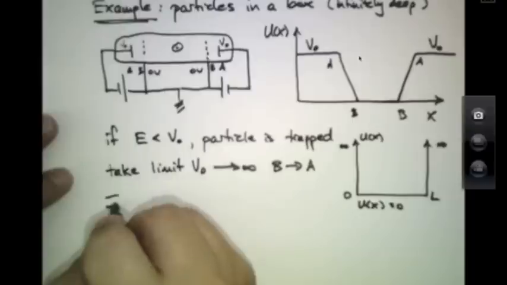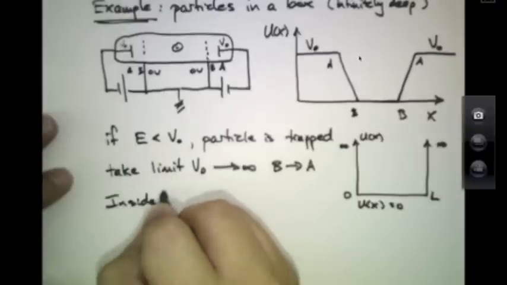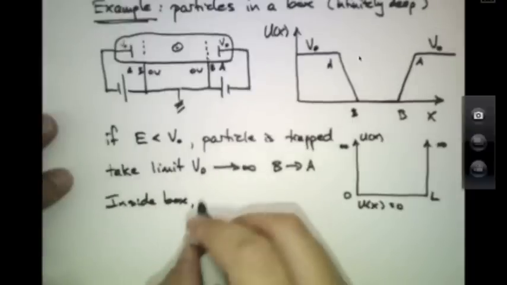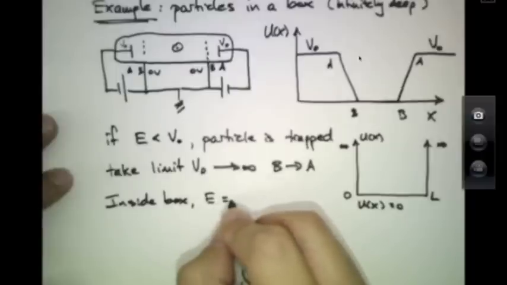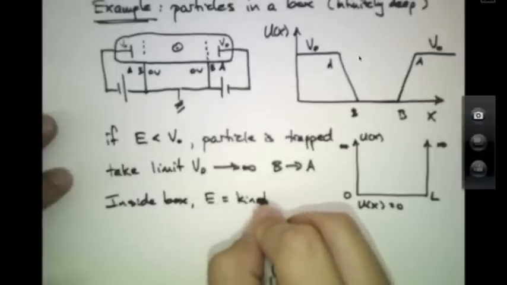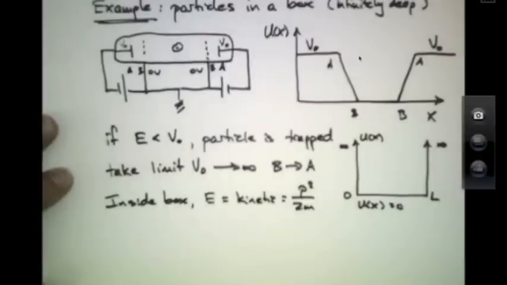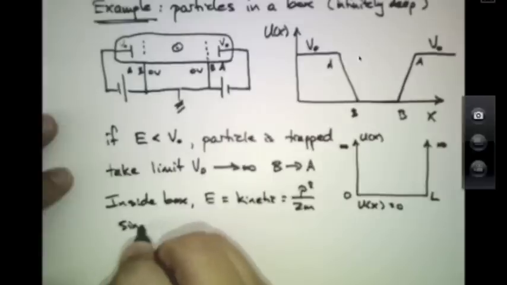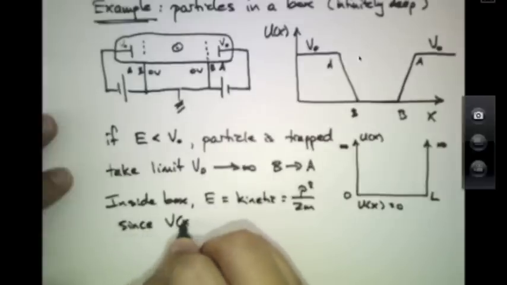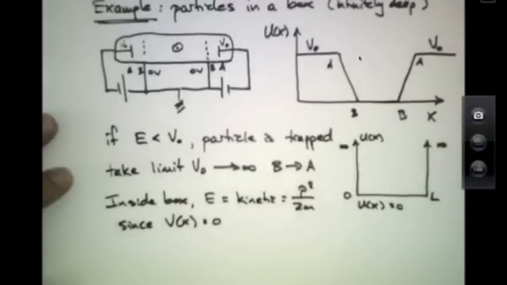Inside the box, the energy of the particle is just kinetic. In other words, it's just p squared over 2m, since V of x is equal to 0.